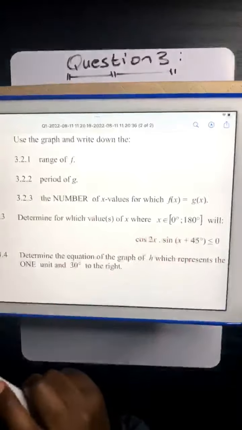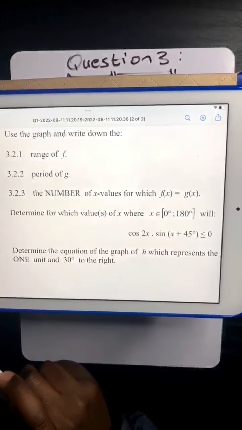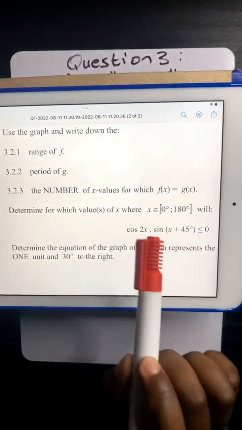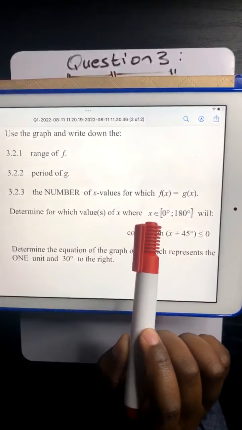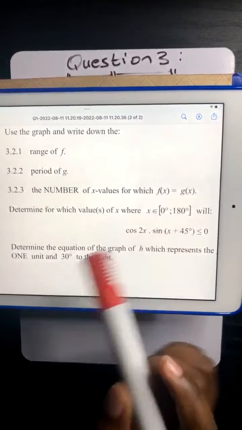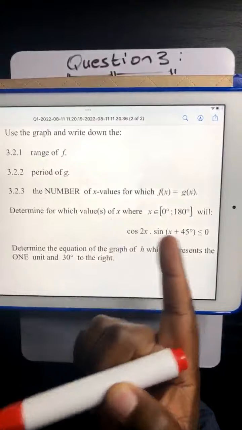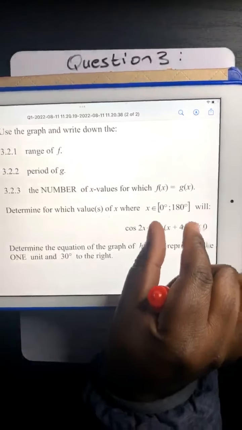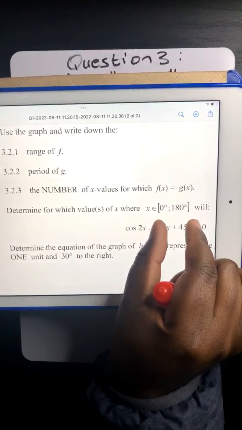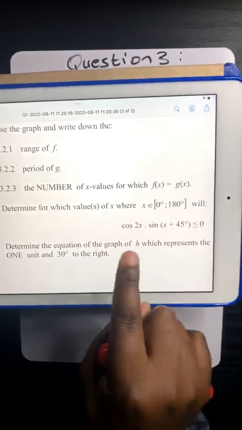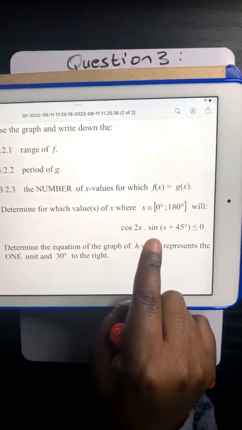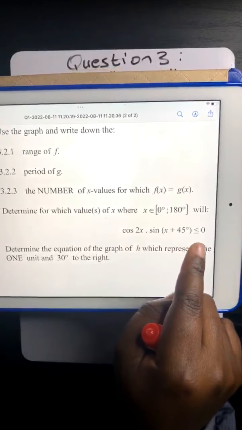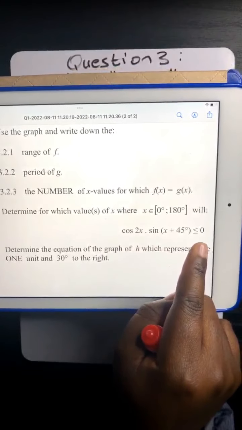So where it says x is an element of 0 and 180, this is a restriction. So whatever you are determining, you should focus between 0 and 180, whereby cos of 2x times sin of x plus 45 is less than or equal to 0.